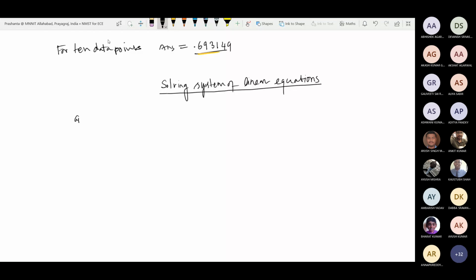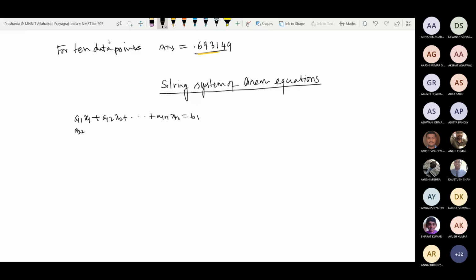A11 x1 plus A12 x2 up to A1n xn equals B1.